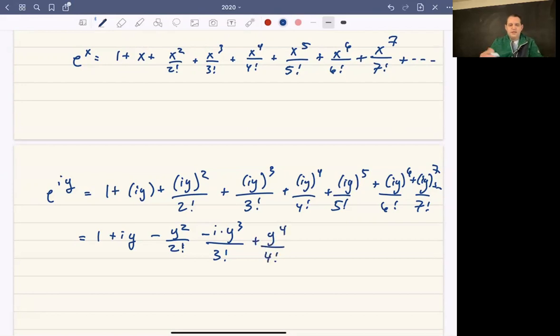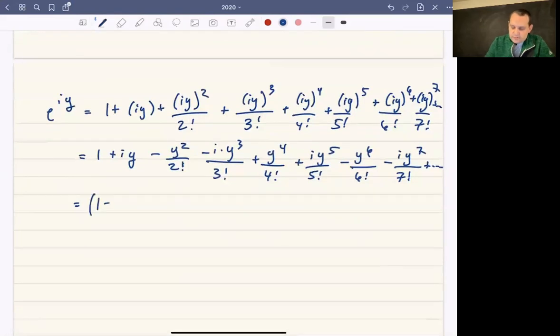And then this just repeats. Every fourth power is the same. So i to the 4th is 1, just like i to the 0. i to the 5th is the same as i to the 1st, so that's just plus i, then -1, then minus i, and so on. And then what I'm going to do is group the terms that have an i in them and the terms that don't together, and write this as a sum of two series.